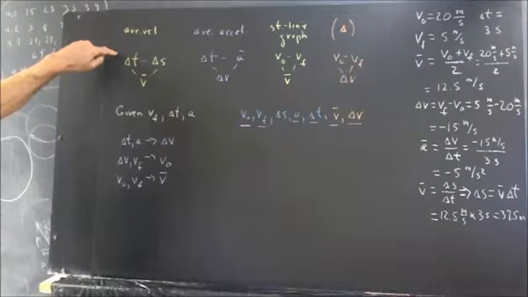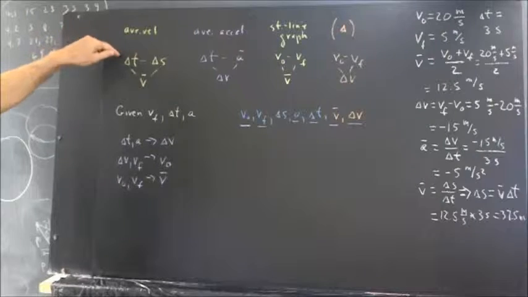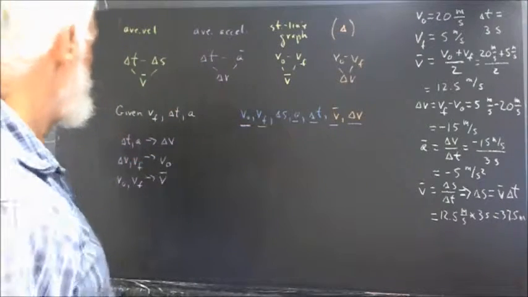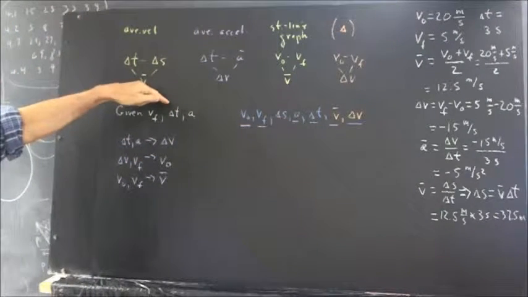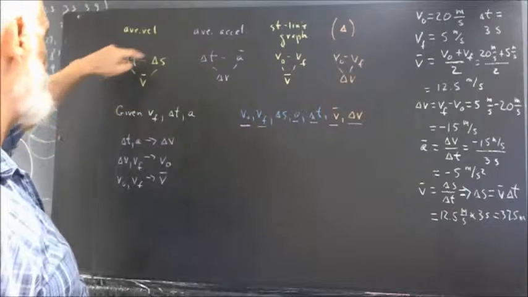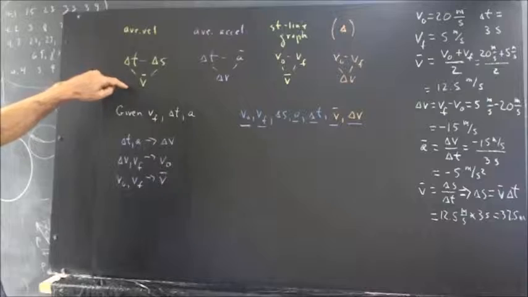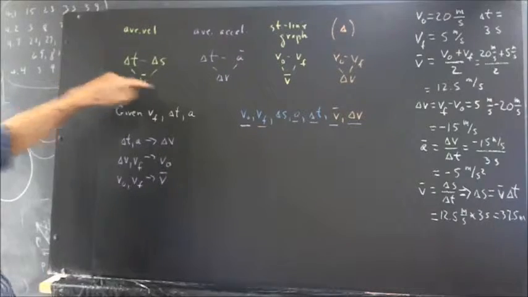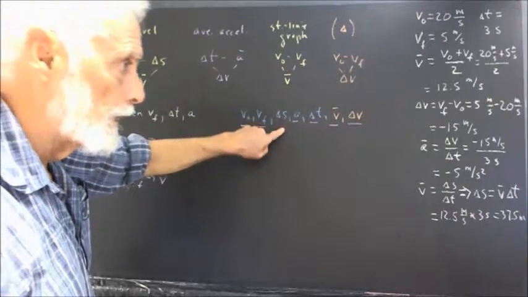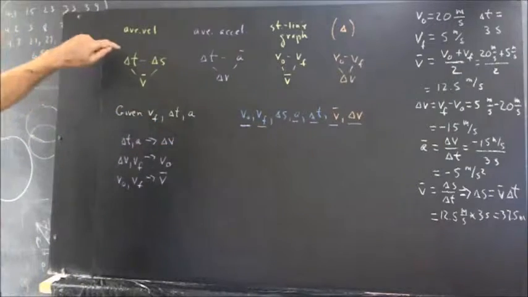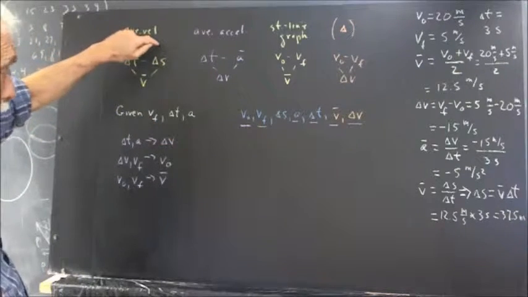They would give us delta T, but we don't need that. We already know delta T. That was one of our given quantities. So what else is delta S related to? Delta S and delta T are related to V bar. Well, it's delta S that we're trying to find. So knowing delta T and V bar, we can get delta S.